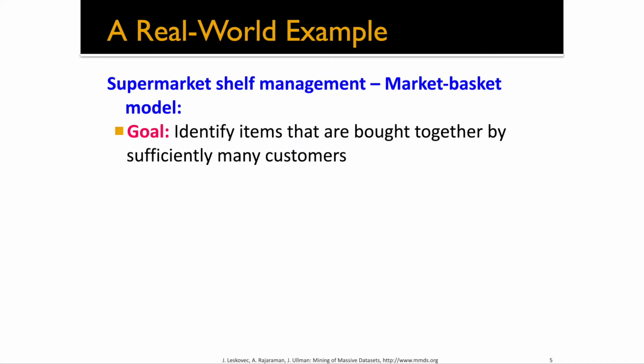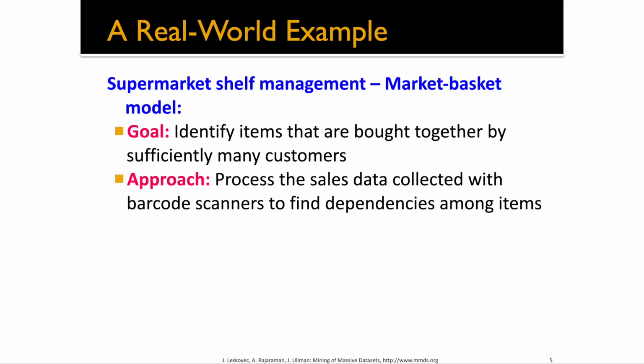So the approach here is to look at sales data that we can evaluate through our receipt collection from barcode scanners or what have you, to find these kinds of relationships between items that people buy.